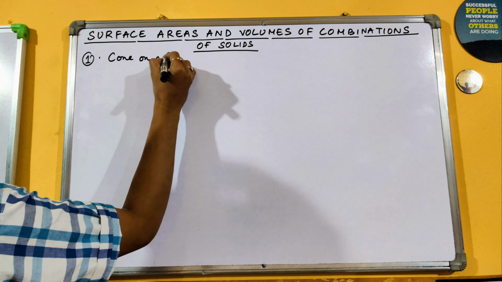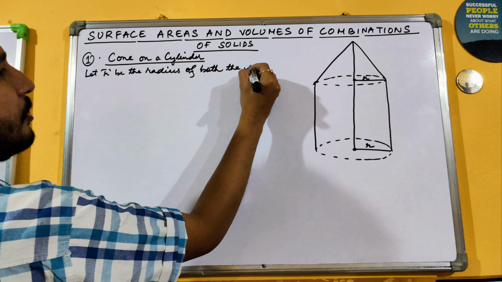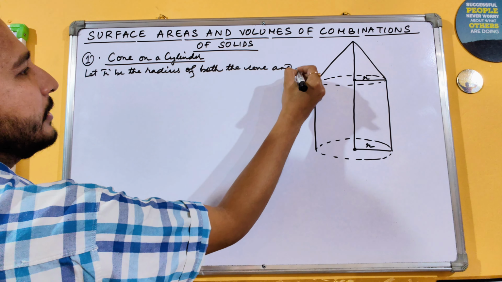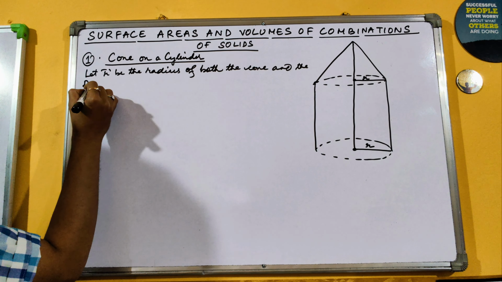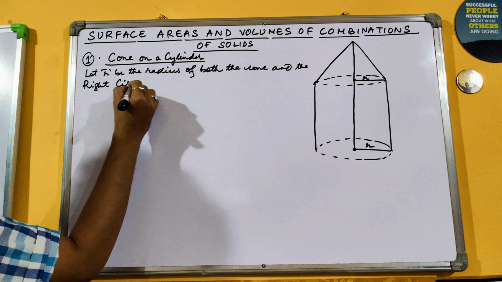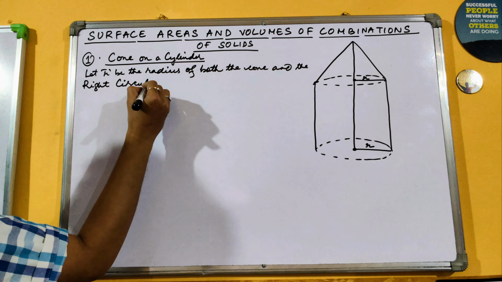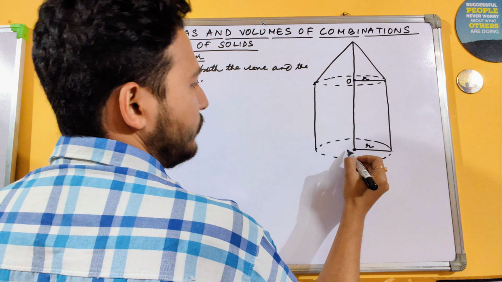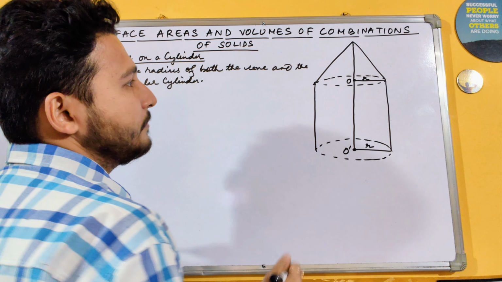Since this is r and it has become a rectilinear figure here, this will also be r. Let r be the radius of both the cone and the right circular cylinder. Give this a center O dash, a different one.